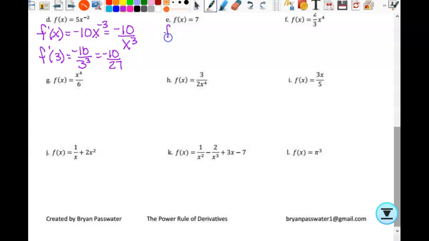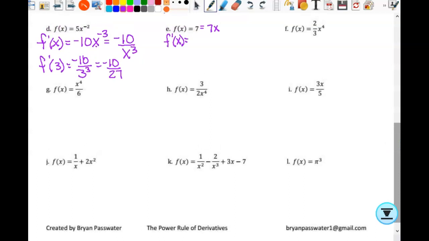F prime of x. What do you think that might be? Well, I don't have an x there, like I did in all the rest. So what if I put one here? What if I said this equals 7 times x to some power, what would the exponent on the x have to be? 0, so that I don't change the value.